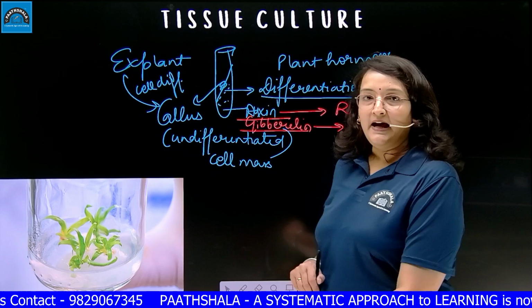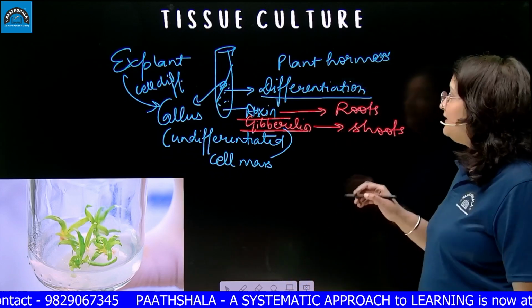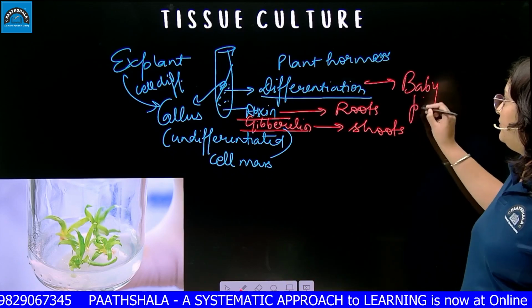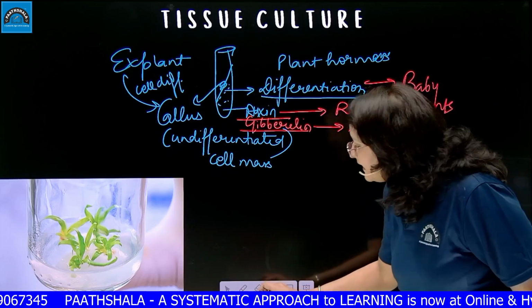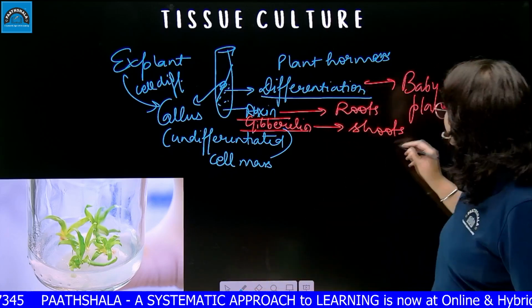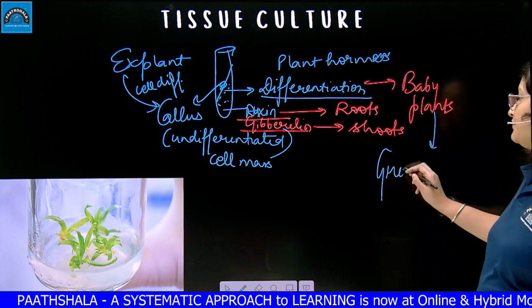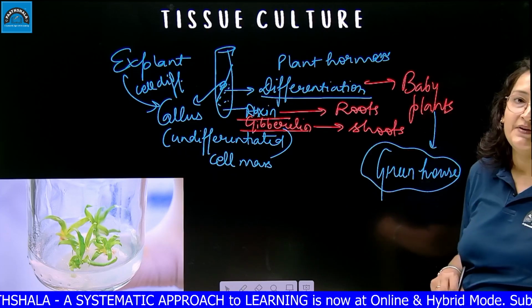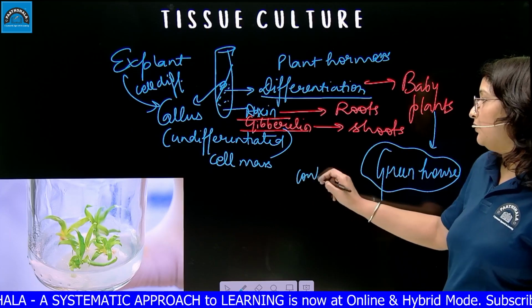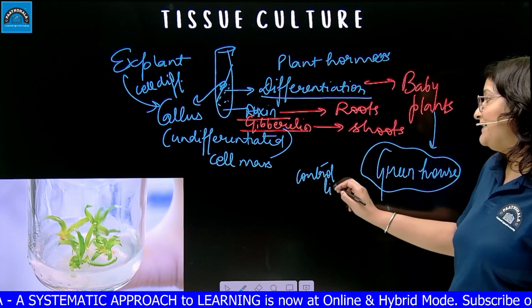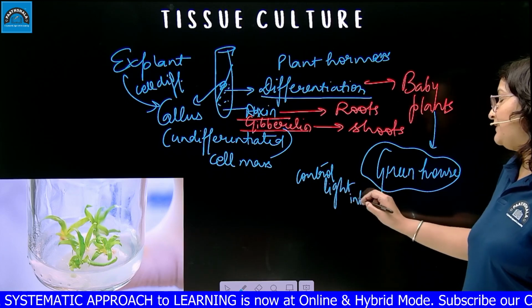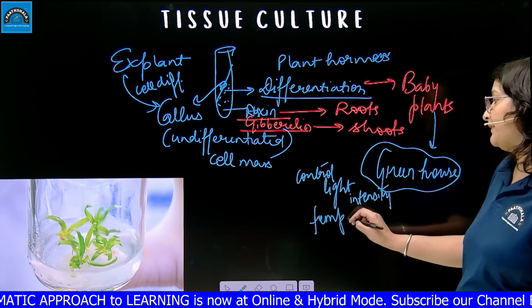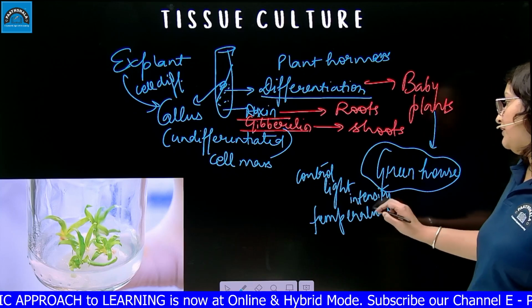All these baby plants, once they are grown in the test tubes, will be transferred to the greenhouse. Greenhouse is like incubation chambers where we can control the light intensity, temperature, and humidity.